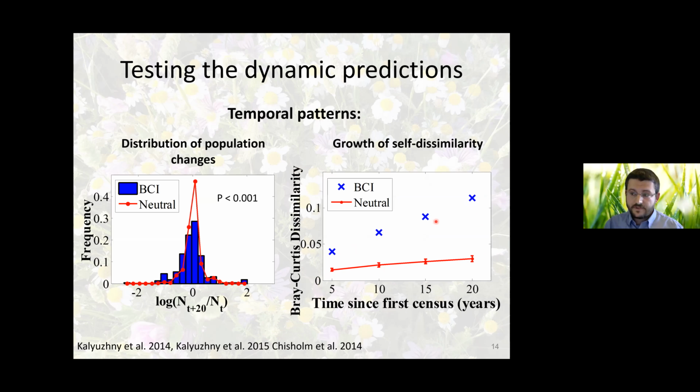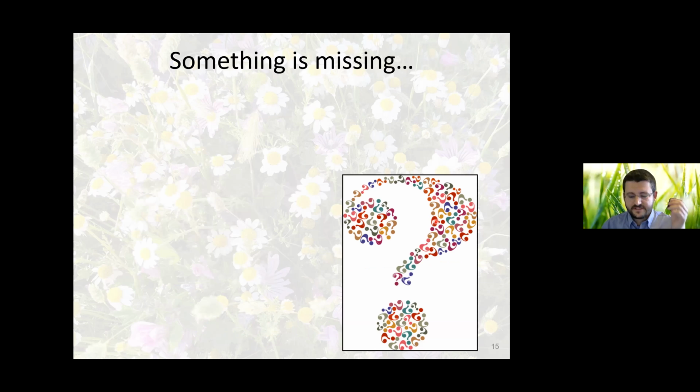So these patterns and a few others make me conclude that neutral theory cannot explain the dynamics on short and long temporal timescales. And as I said, at the end of the day, the dynamics, the changes, are what's going to make the static picture that we see. So if the simple null model fails, it means something is missing.